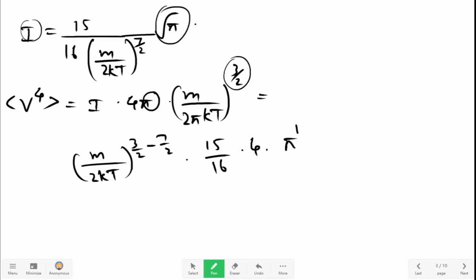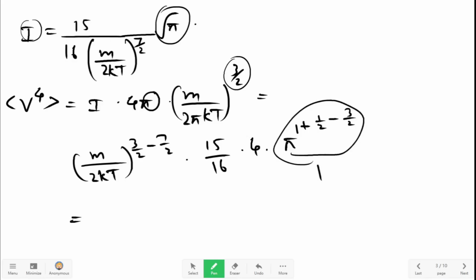So total pi raised to 1 plus 1 by 2 plus 1 by 2 minus 3 by 2, which is 1 plus 1 by 2 is 3 by 2, 3 by 2 minus 3 by 2 is 0. So pi raised to 0 is 1.